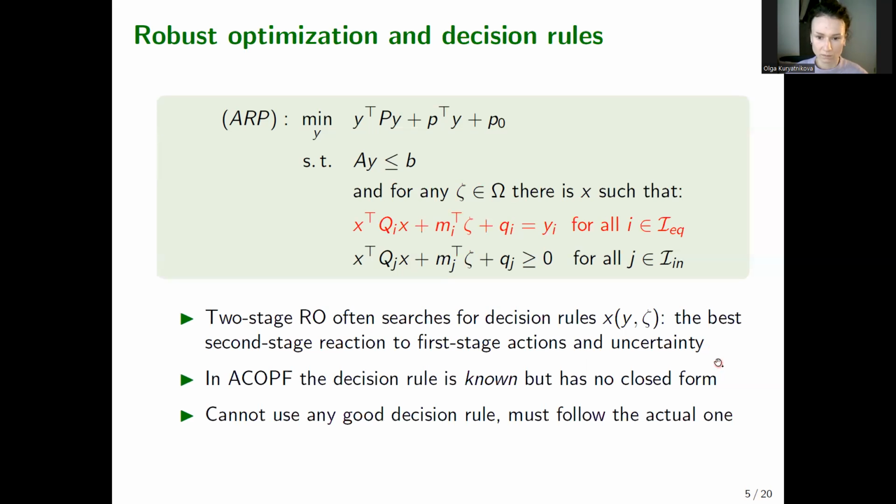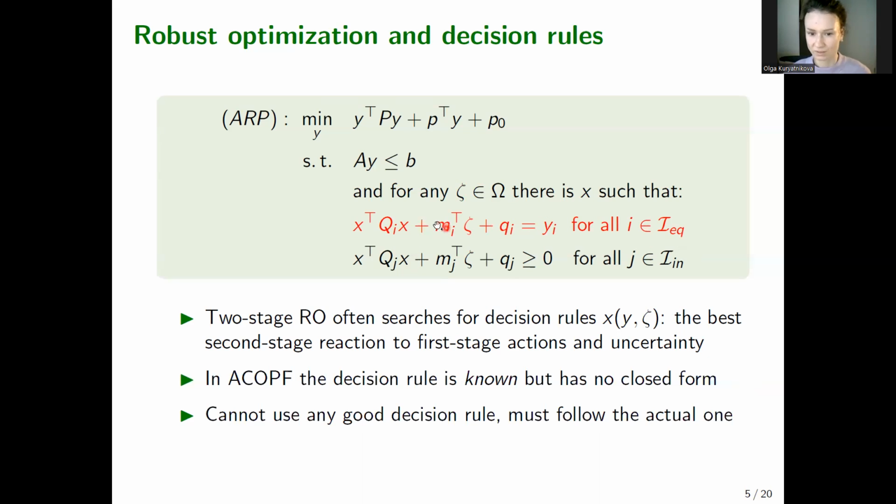However, in this case, I cannot say that the decision rules are just good, like some rules which I can parameterize. Because in this case, the decision rules are given and fixed. This is this decision rule. If I use any other decision rule, I will not be feasible for this system of equalities. So basically what I want to do here, I don't want to remove this equality, but I want to use it.